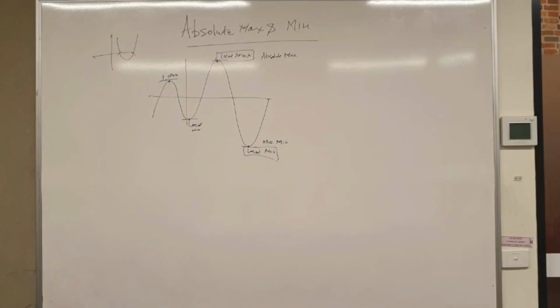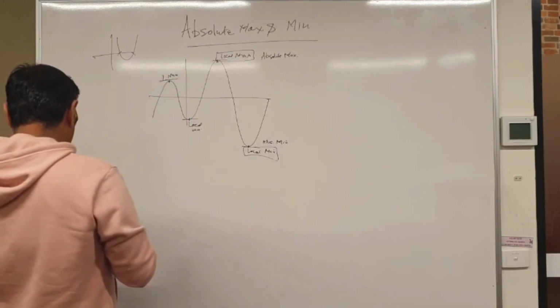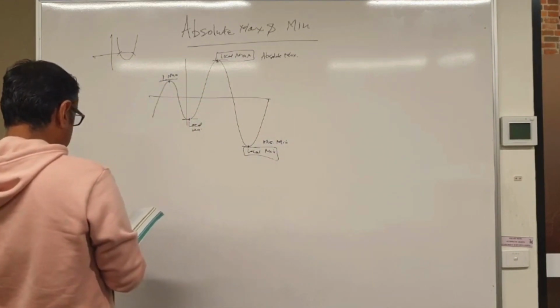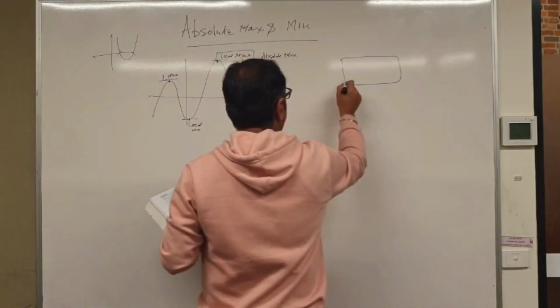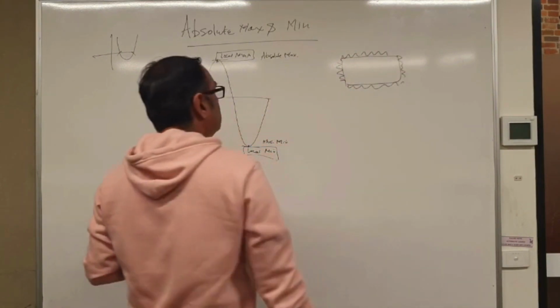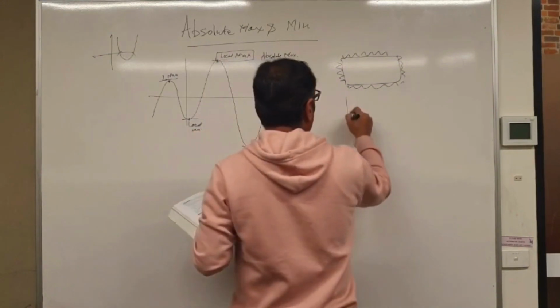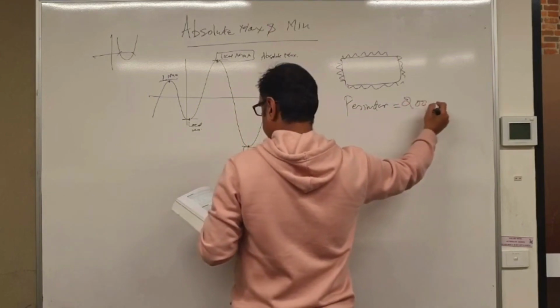Cool. All right, let's now do a question. The question says that there is a farmer who needs to fence a rectangular farm. The perimeter of the rectangular farm is 200 meters.